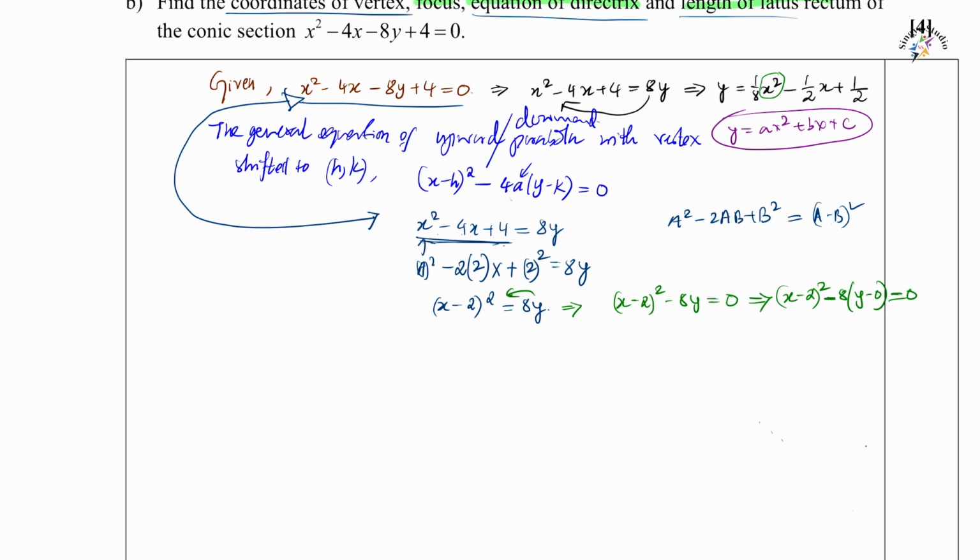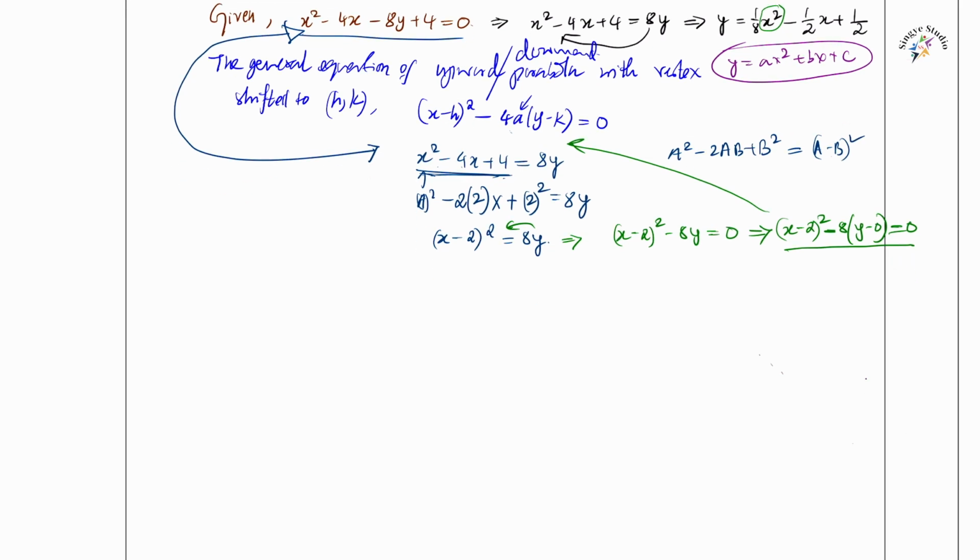Okay, so if you see this very carefully, this equation exactly resembles this. Therefore, we have to say that (x minus h) squared equals 4a(y minus k). So we can write this here.